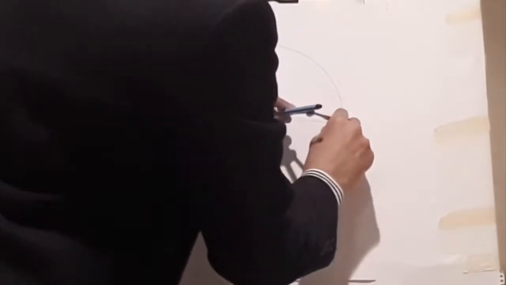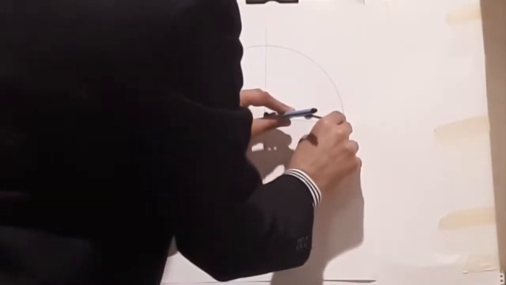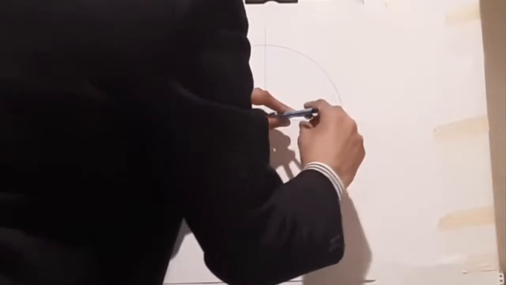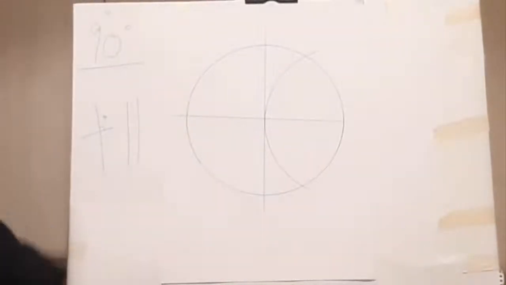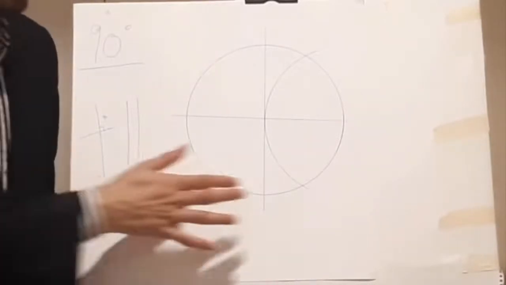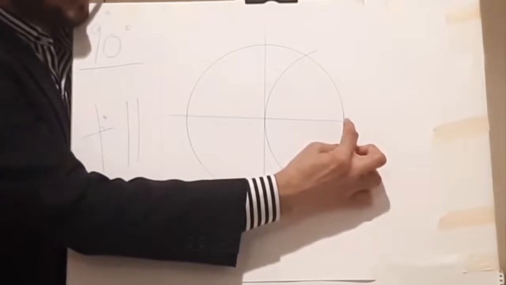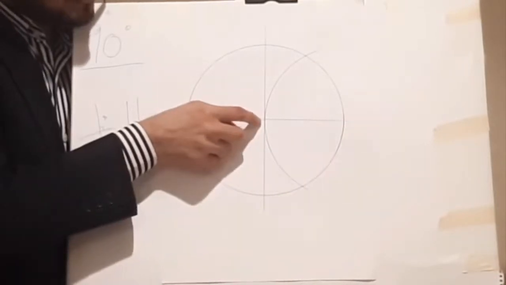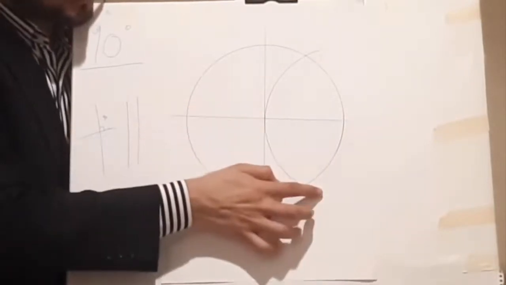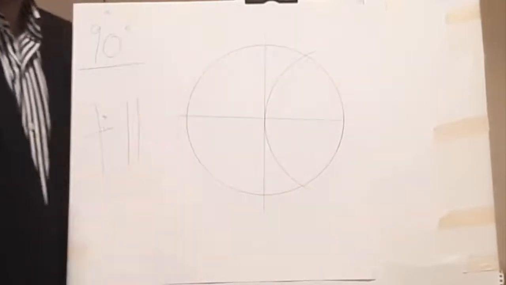Make sure the pen is exactly hitting the origin, and you are passing a curve somewhat like this. So this is the way how you draw, where you place your needle at this point and the pen at this point, and you draw a curve.